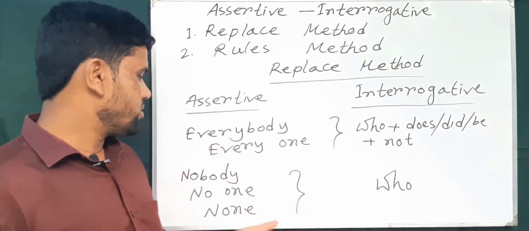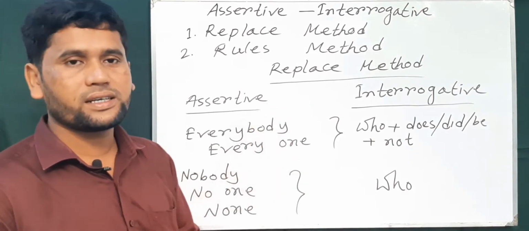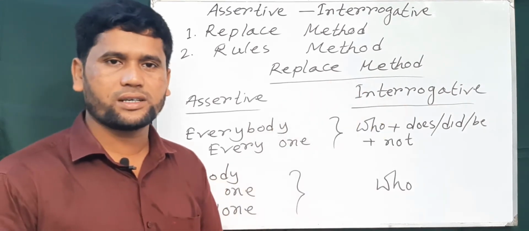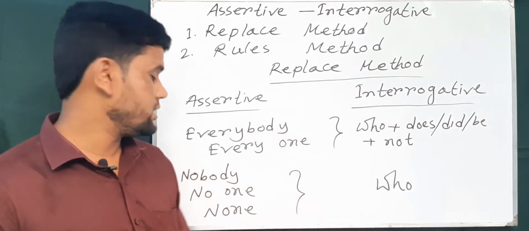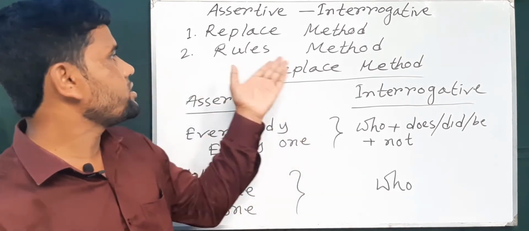And another way, if you find nobody, no one, none in an assertive sentence, you can use who to change the assertive sentence into an interrogative sentence. You can use who instead of nobody, no one, none. And the other system is rules method.